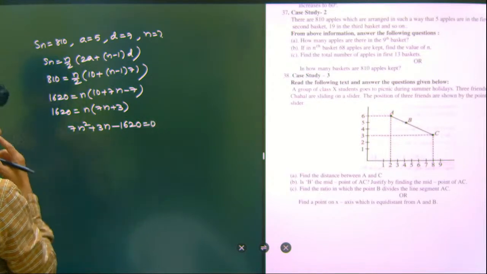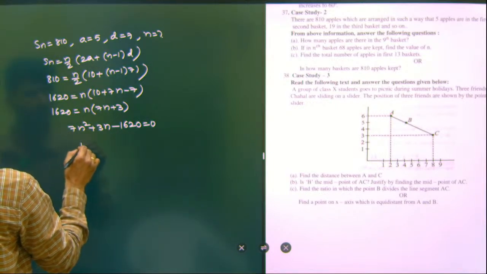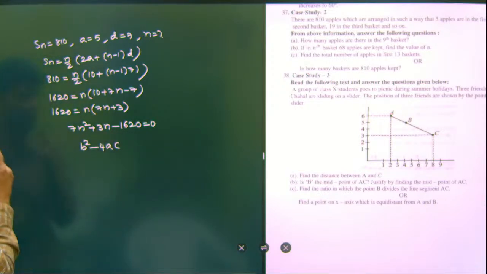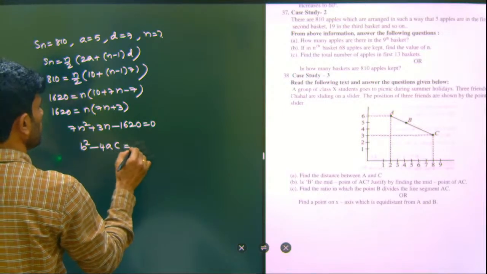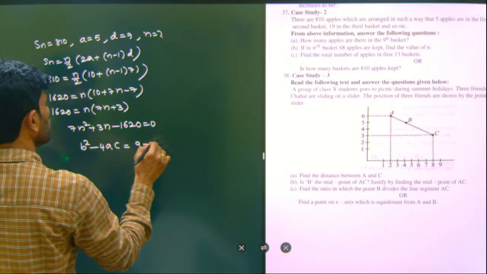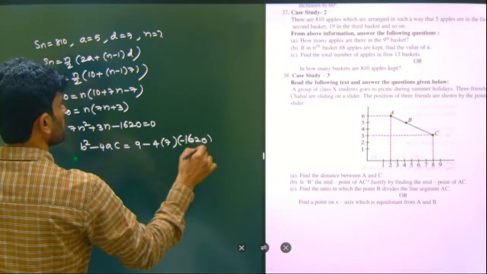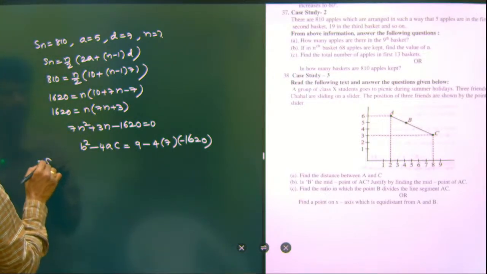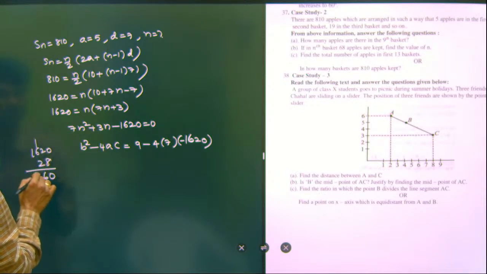Now we have to do factorization. Let us go for quadratic formula, b square minus 4ac, because here finding factors will be difficult. So b square minus 4ac is what? 9 minus 4 into 7 into minus 1620. 4 sevens are 28, 28 into 1620.